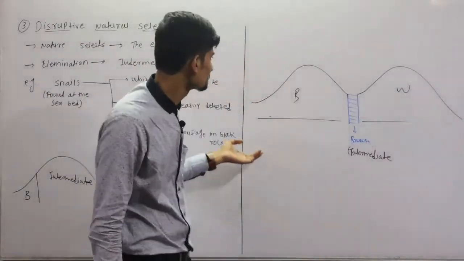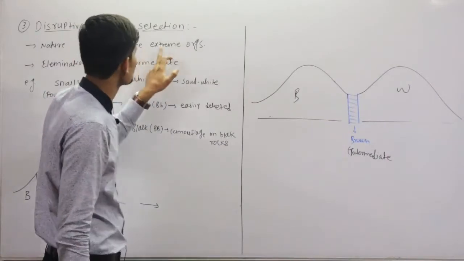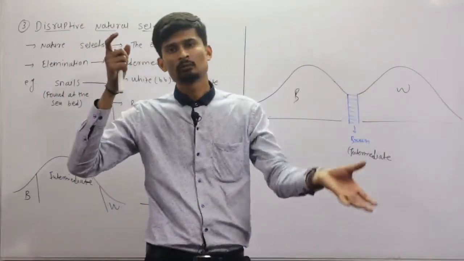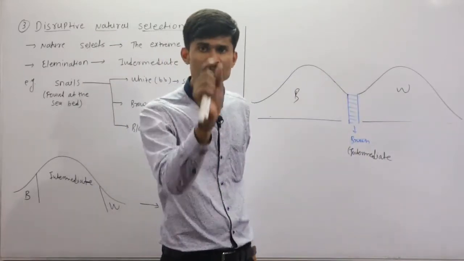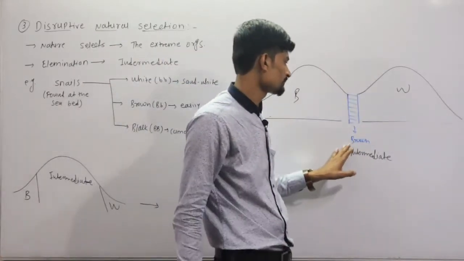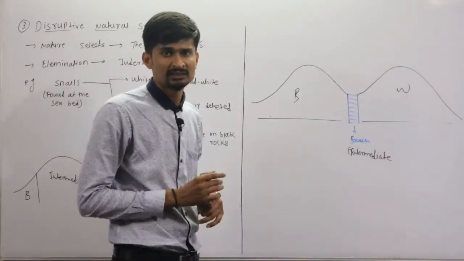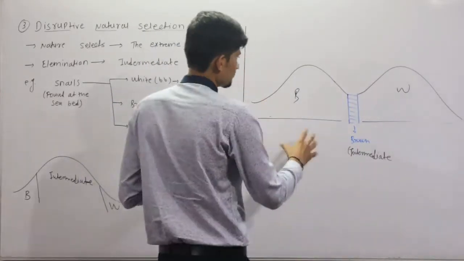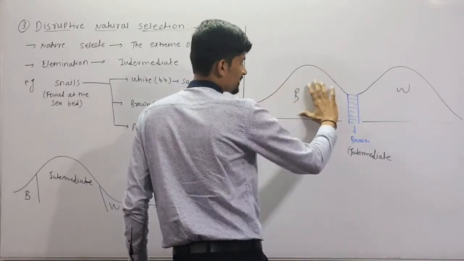Why? Because nature selects the extreme organisms, and the two extreme conditions are black and white, and the intermediate is the brown. So as the browns are killed by the predators, their numbers are decreased. So that's why the numbers of black are increased.